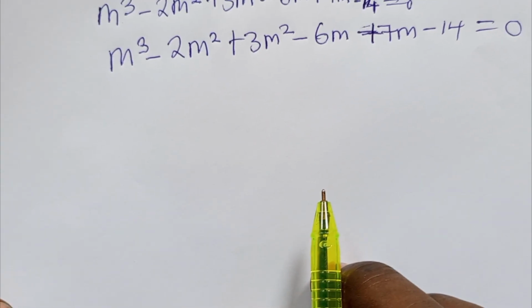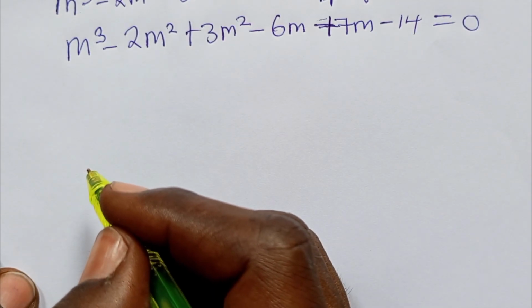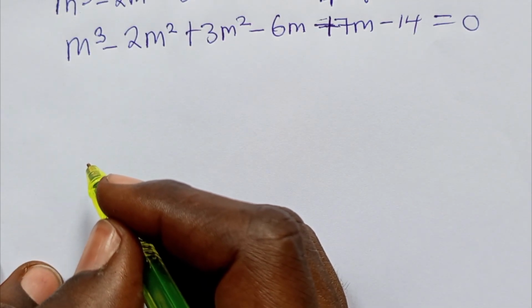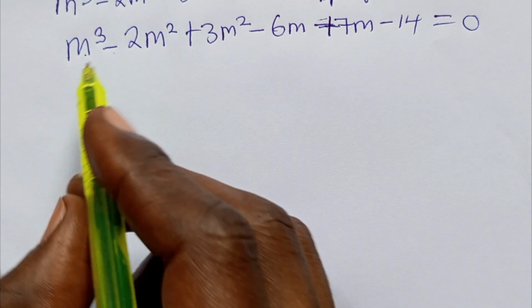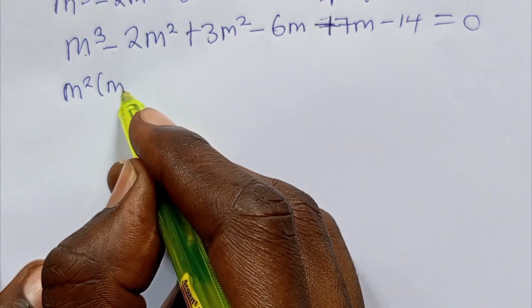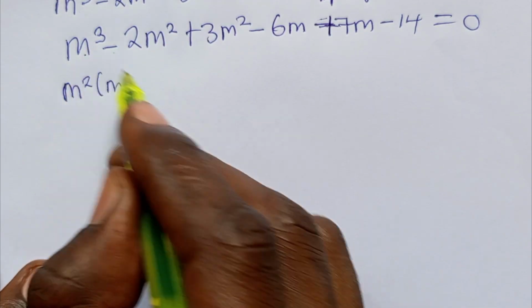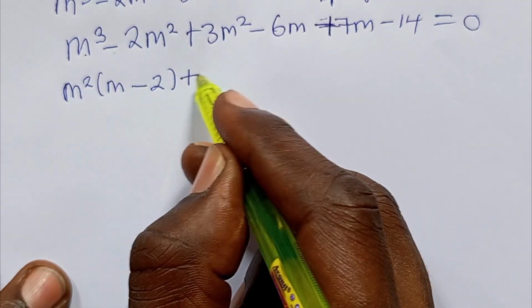Let's see how we can simplify this. You can notice that m squared is common here, and we're left with m minus 2, because if we multiply back we get the original terms.